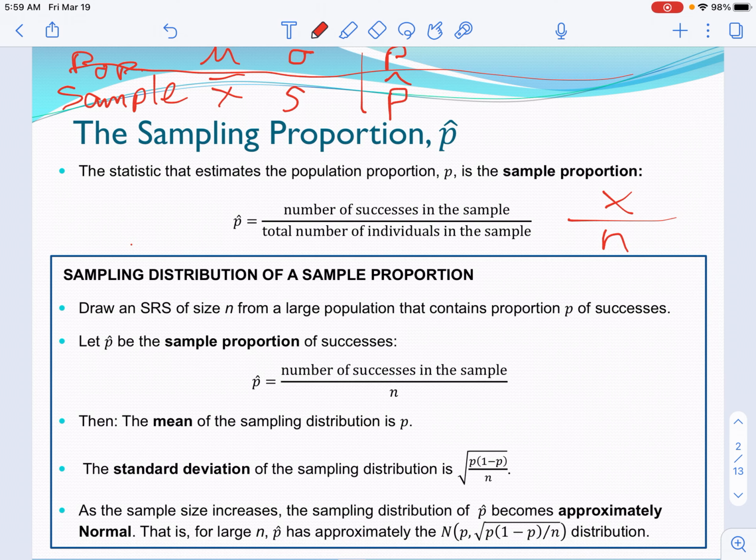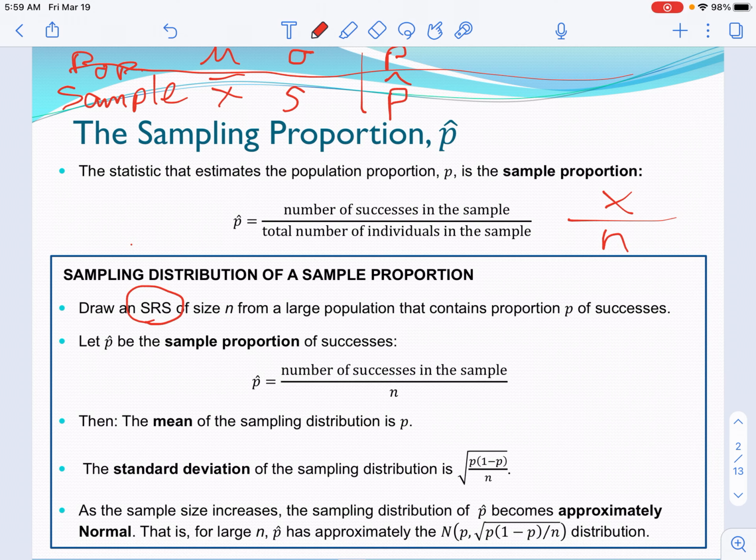So a couple of key points here, conditions for using these rules. We need to have a simple random sample from a large population. It is important that we are trying to represent a large population here in order for these to be accurate. We already talked a little bit about p hat.